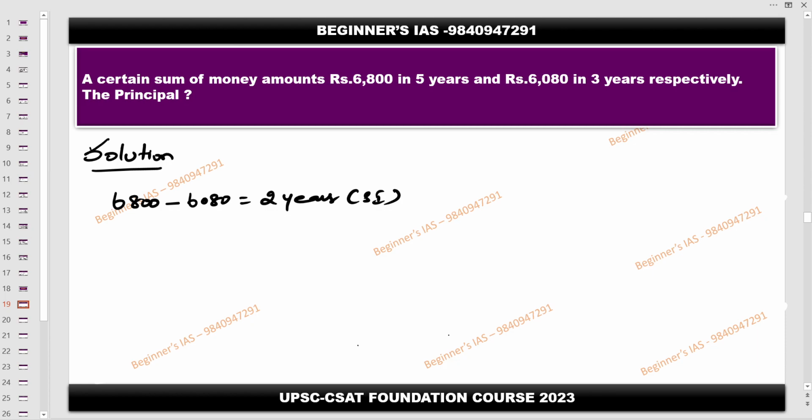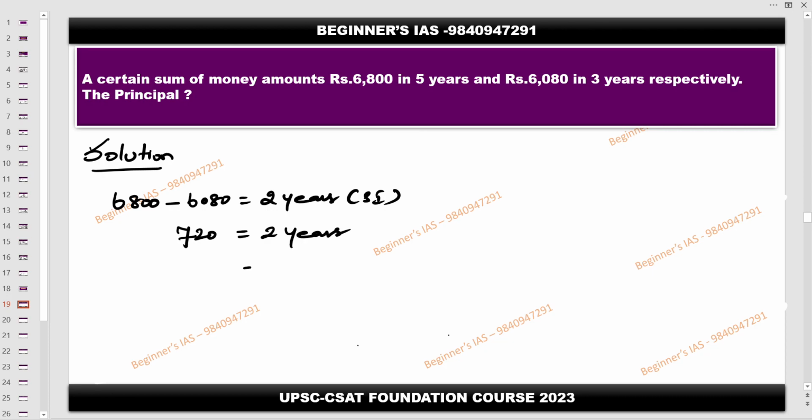So what is the value here? 720. So this is for 2 years.